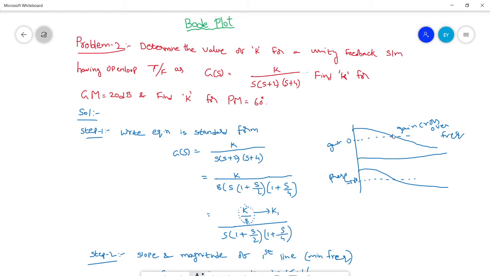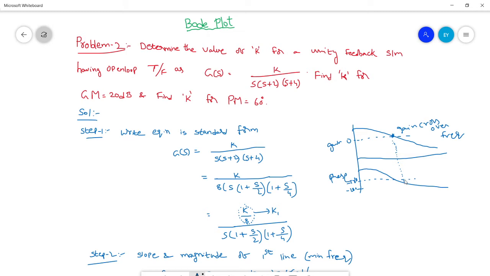If you draw a perpendicular from this point, I'm just writing it as an example, this is the margin from where the phase shift from minus 180 can be calculated, right? So if you calculate here, what is the phase shift from minus 180? Here if it is minus 180, this would be minus 200 or somewhere, right?